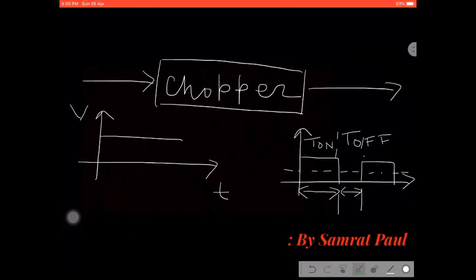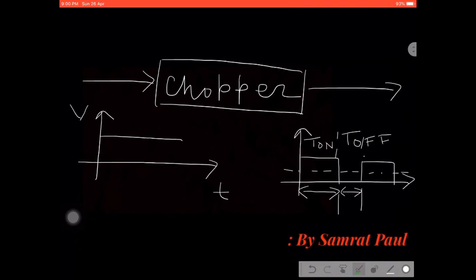A DC converter can be used in DC regulators, electric traction, trolley cranes, electric vehicles, switch mode power supply or SMPS, etc. And normally for a converter circuit, the switches can be BJT, power MOSFET, GTO, IGBT, or any other switching device.